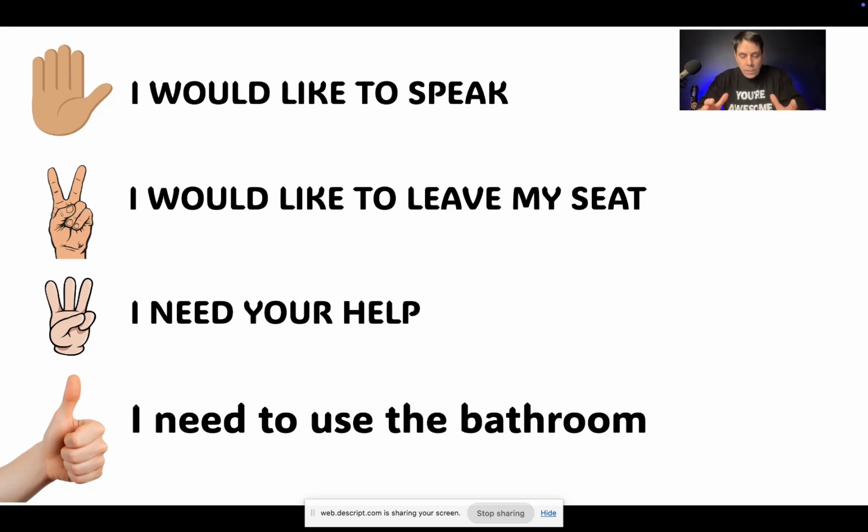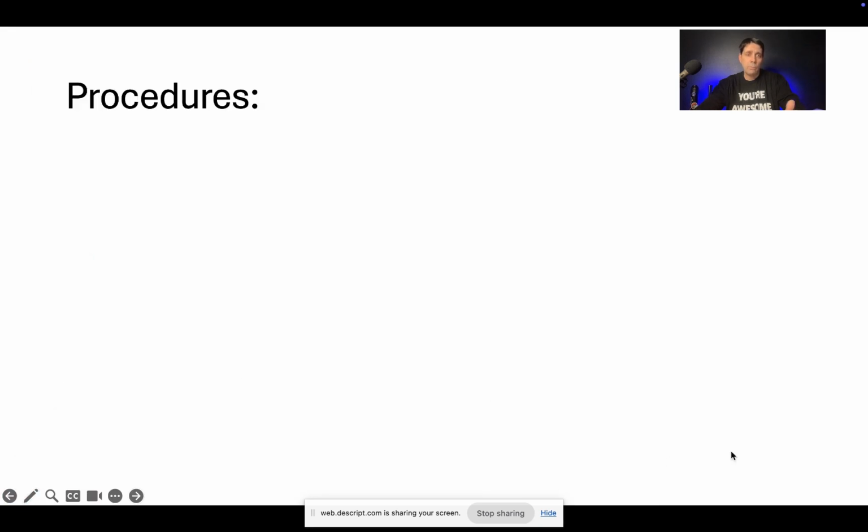It just helps control the situation and set healthy boundaries. All these just play out to creating a place of order, especially when you have 30 students and sometimes very active students. These little things really help.